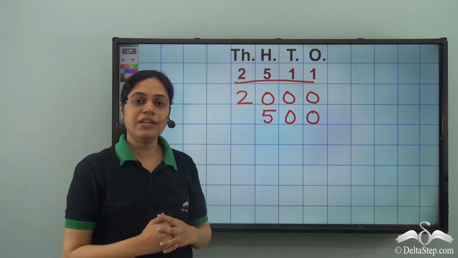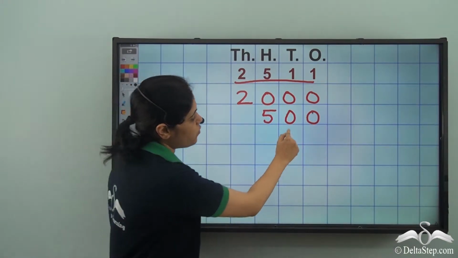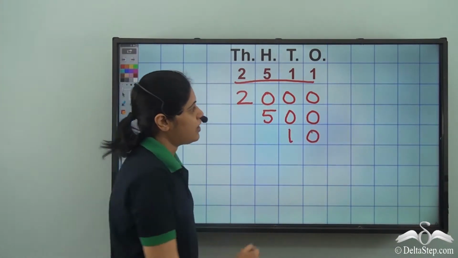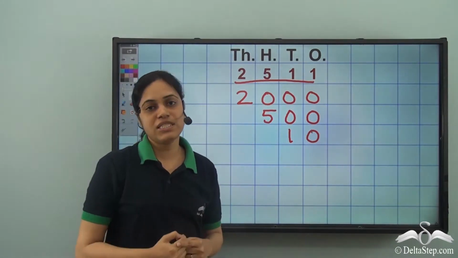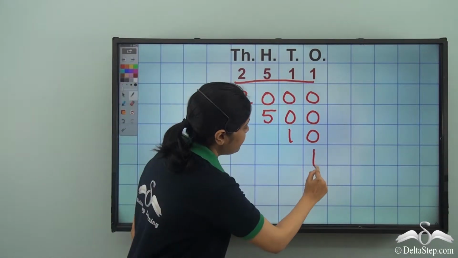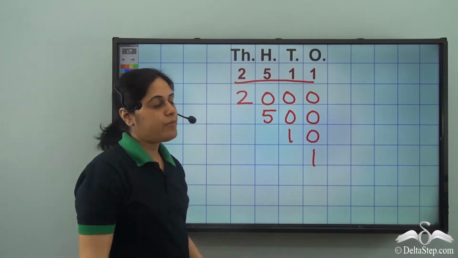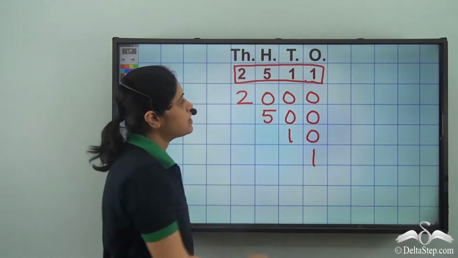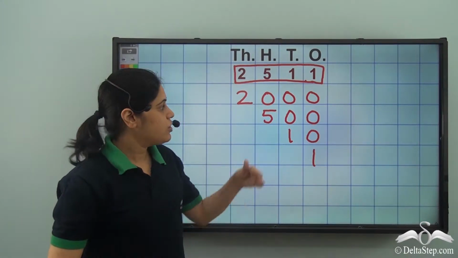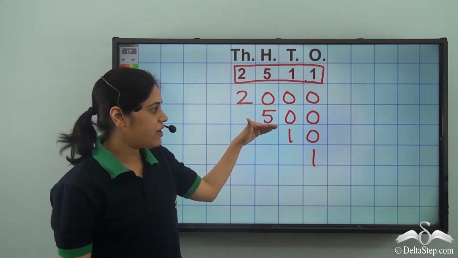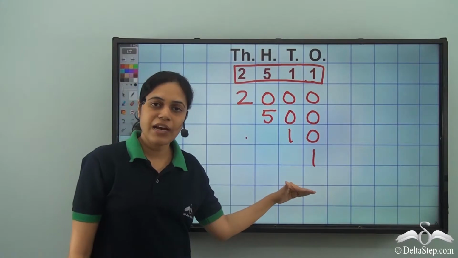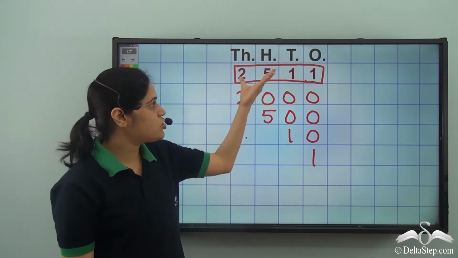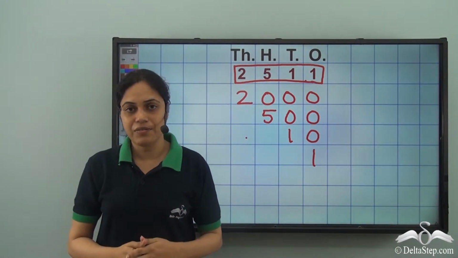We have 1 in the tens place, which means 1 tens or 10. And there is a 1 in the ones place, which means 1. So these 4 numbers together make this number, which is 2511. So 2000, 500, 10 and 1, these 4 numbers together make 2511.